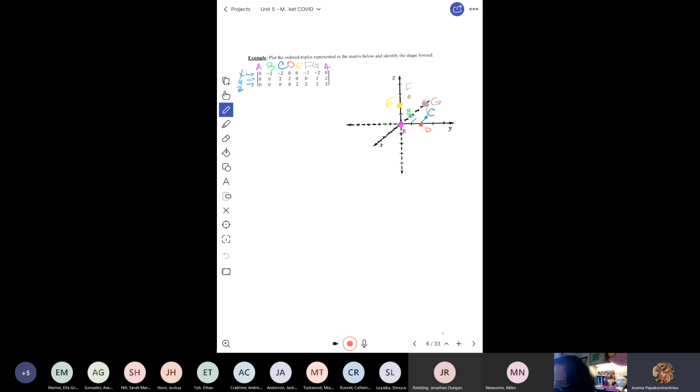I'm going to the right 2 and then up 2. Okay, so then if I connect these, what shape do I have? A cube. A hideous cube, but we get it, right? A cube.